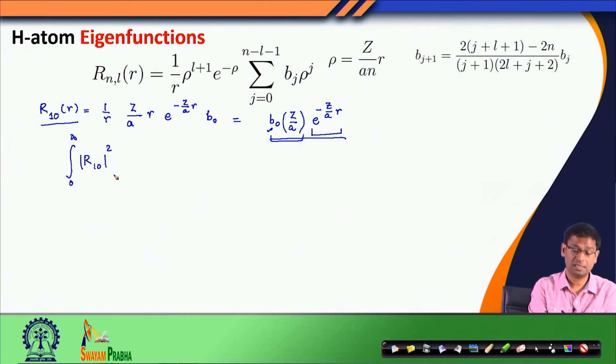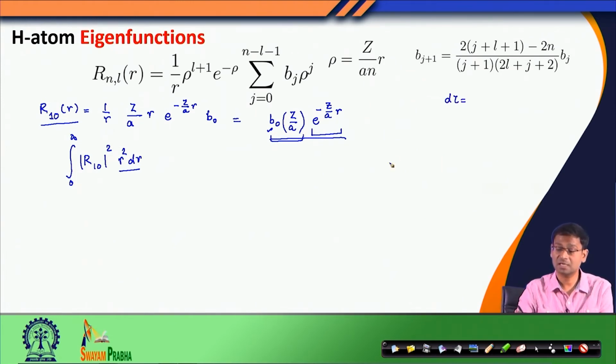So, the volume integral that I will have is r square dr. Often students make the mistake of writing only dr here, and that would be wrong. Just to remind you, we had the volume integral d tau. In Cartesian coordinates we wrote dx, dy, dz, and that was all right.